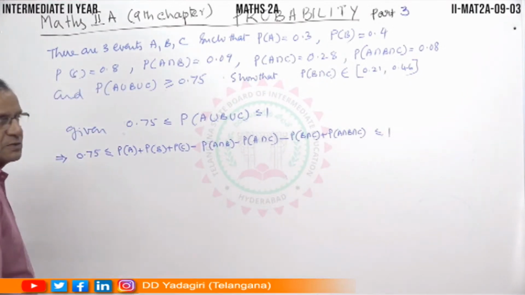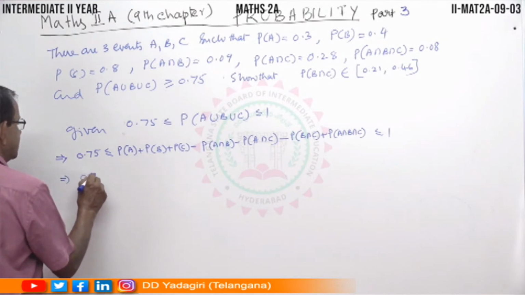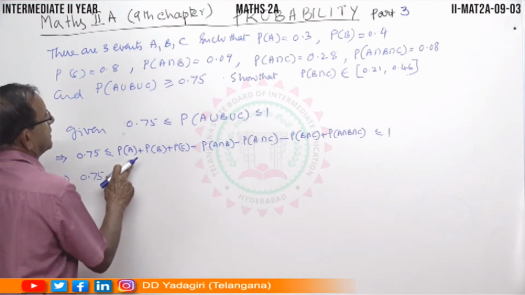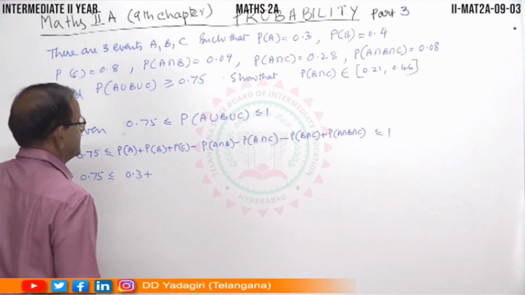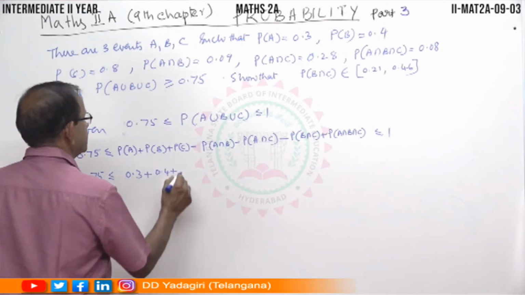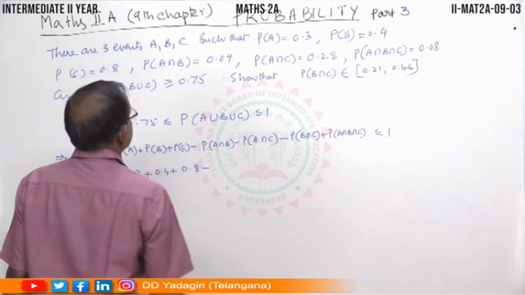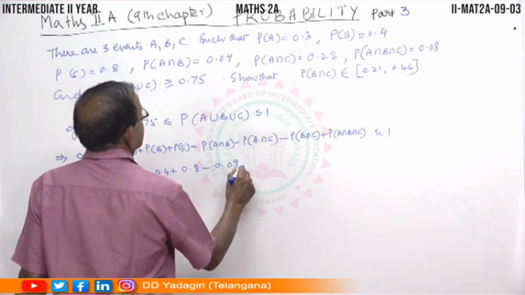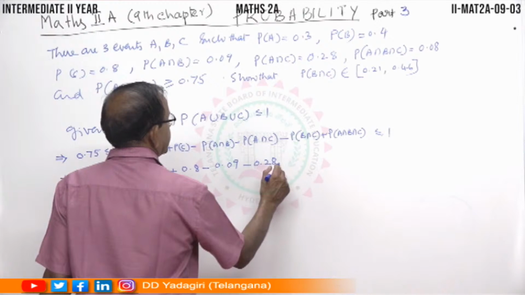Now let us substitute the known, given values. That implies 0.75 is less than or equal to, what is P of A? 0.3 plus P of B is 0.4 plus P of C is 0.8 minus P of A intersection B is 0.09 minus P of A intersection C is 0.28.